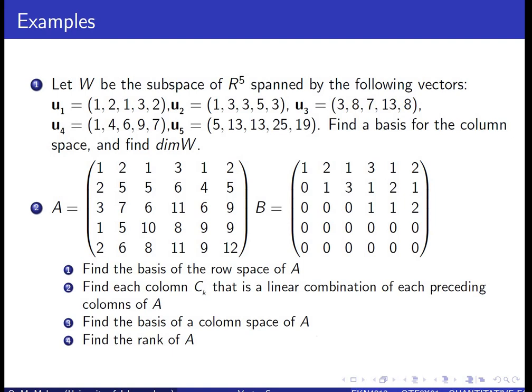Once it is reduced, all the non-zero rows will form your basis of the row space. But all the columns with pivots in them will form a column space, and your dimension will be the number of your non-zero rows, the dimension of a matrix.